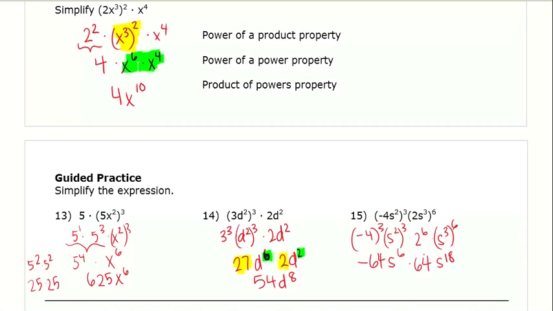And now we have to do 64 times 64. You might need to do some math. Didn't promise no math whatsoever. And it looks like it's going to be negative 4,096. S to the 6th times s to the 18th. Add your exponents. Means s to the 24th.